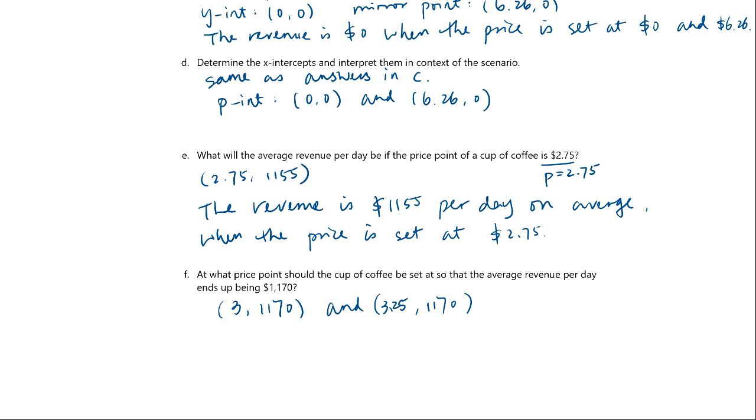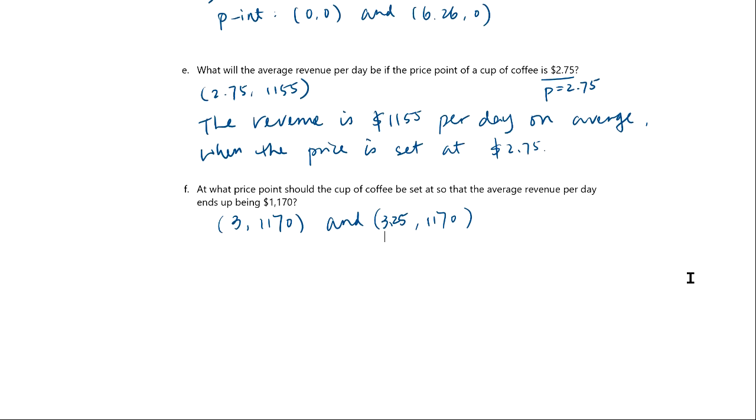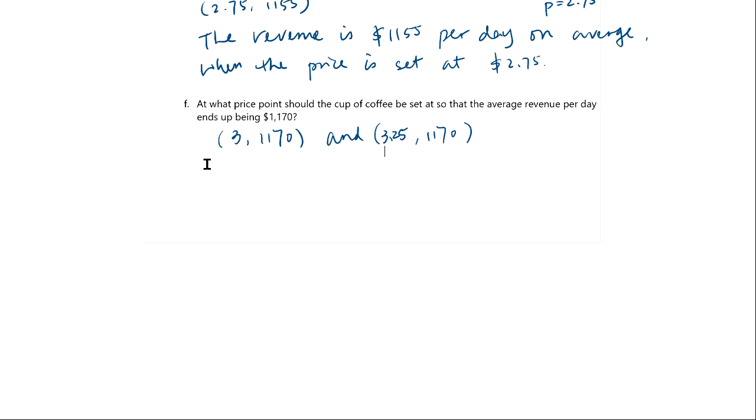With this, we can say that when you price a cup of coffee at these 2 prices, you will get the same amount of revenue. Because if you set it to be cheaper, you'll be able to sell more. As it becomes more expensive, you'll sell less. And the overall total ends up being the same based on our model.